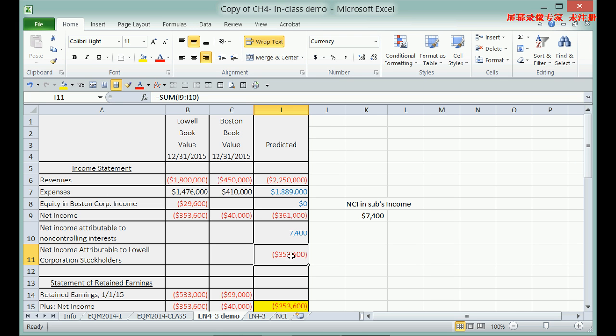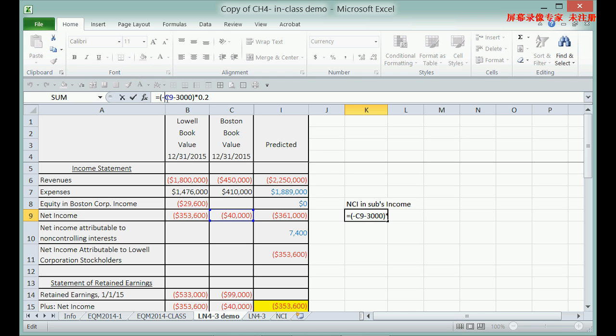If you compare this number with Lowell's own net income, they are the same, right? This is because the equity in subsidiaries income includes basically the net income of the subsidiary minus the amortization multiplied by 80%. So I can verify this for you.